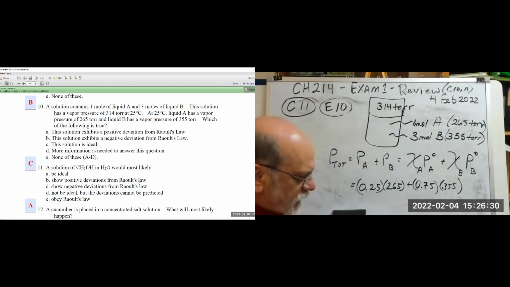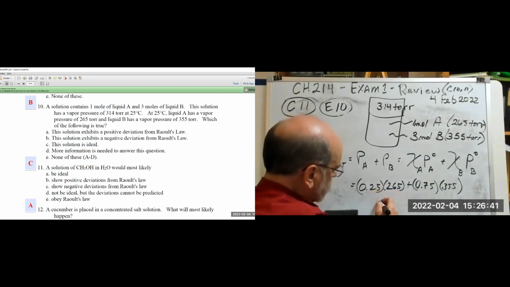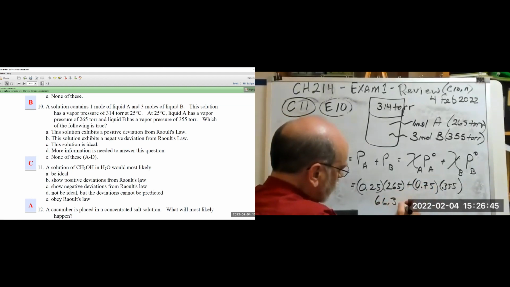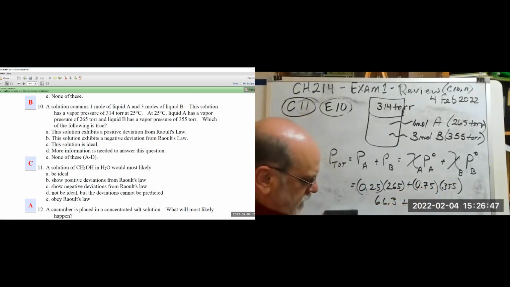So 0.25 times 265 is 66.3 torr, rounded off, plus 0.75 times 355 is 266.3.